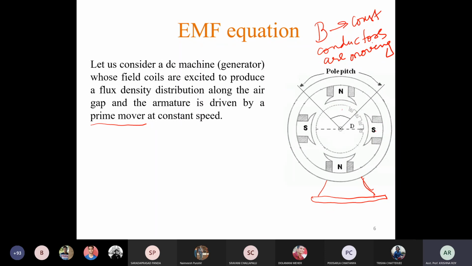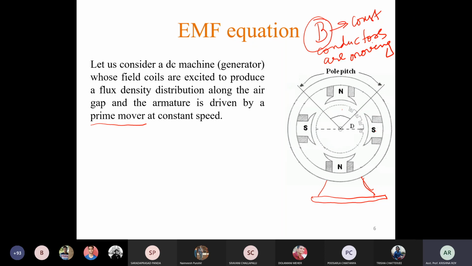There is another type of EMF, that is called transformer EMF. In that case, both the source, meaning the flux producing source, and the conductors in which the EMF will be induced, are stationary, but the magnetic flux itself is time varying.